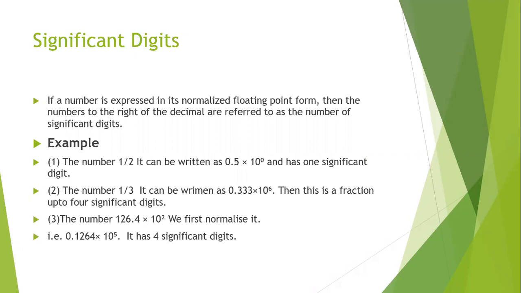Suppose we consider only 3 decimal places; that's why we can say the number is up to 3 significant digits, meaning 3 significant digits after the decimal point.